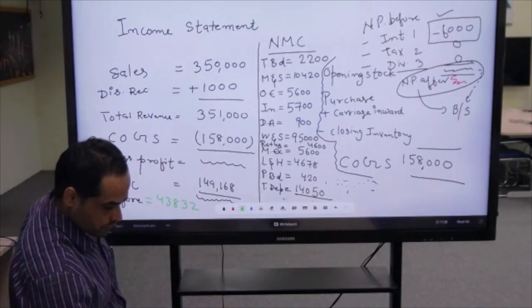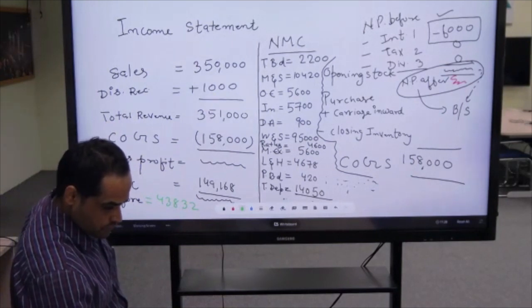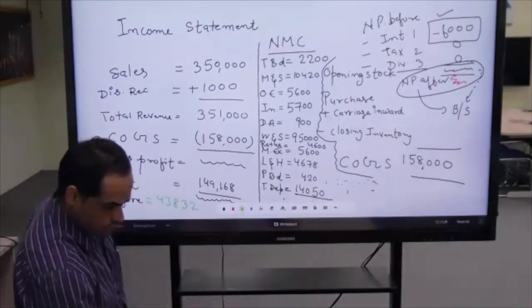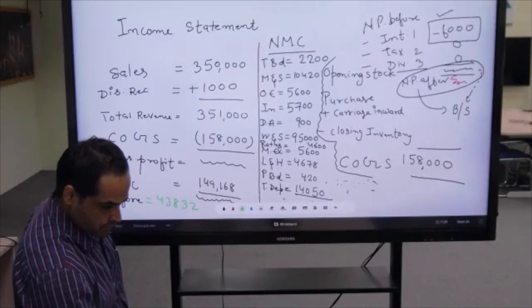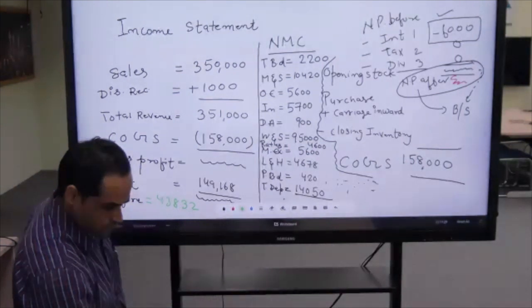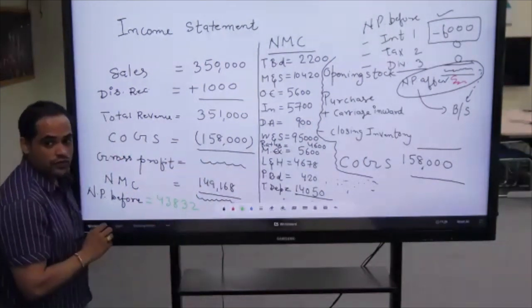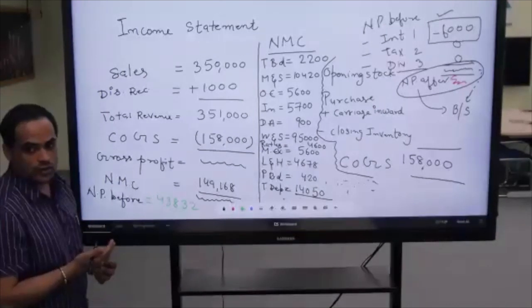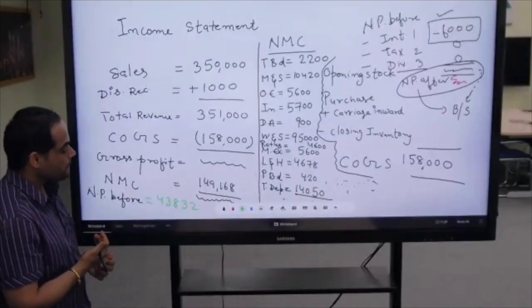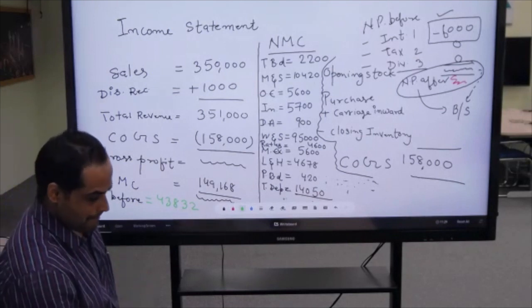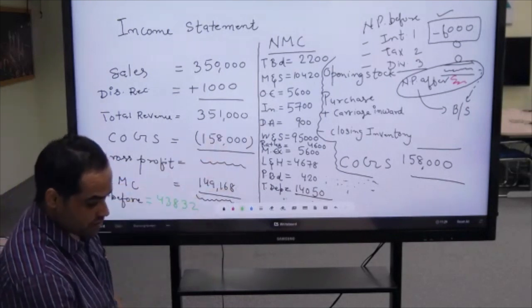43,832. And minus interest, which is 6,000. So if you subtract interest, how much will it be? Oh, sorry, I said depreciation, it's interest.